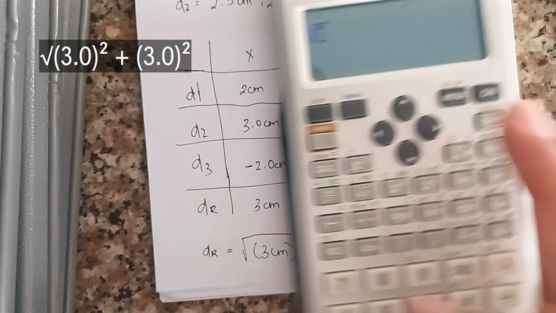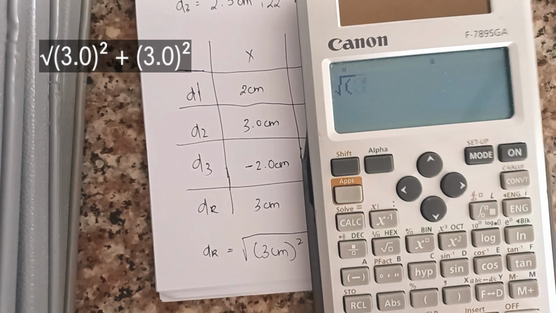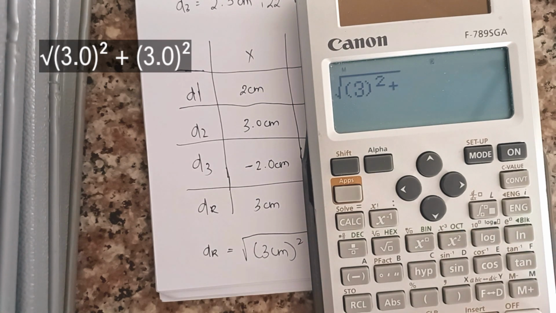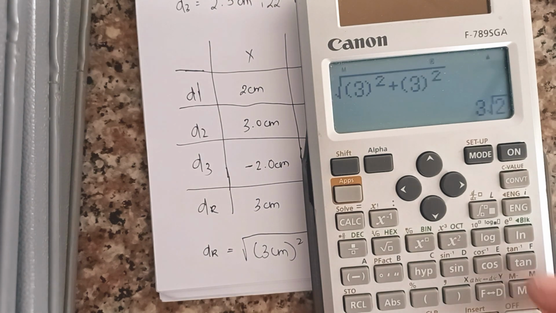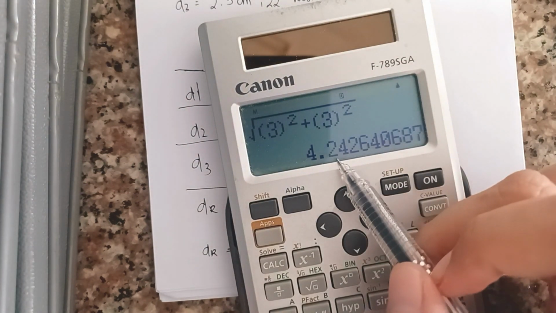So square root 3 squared plus 3 squared equals 4.24.